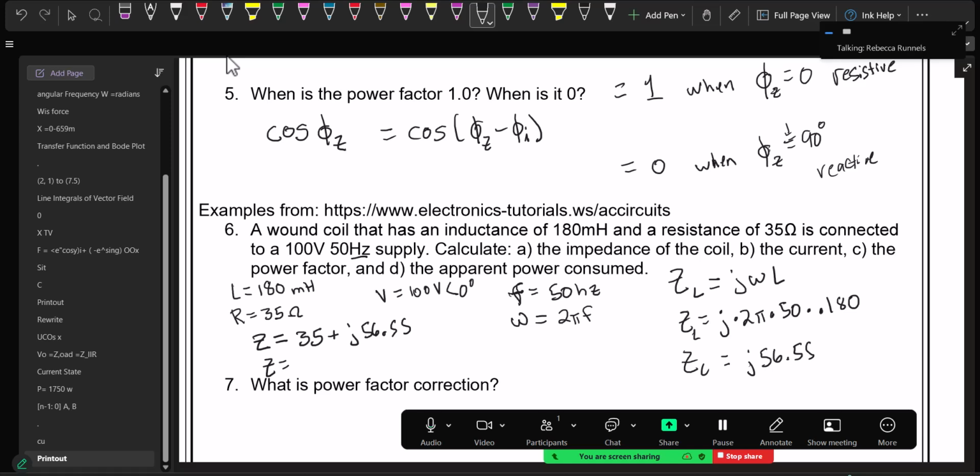And in polar, I get that it is 66.5 angle 58.2. So can you tell me already whether current leads or lags voltage?